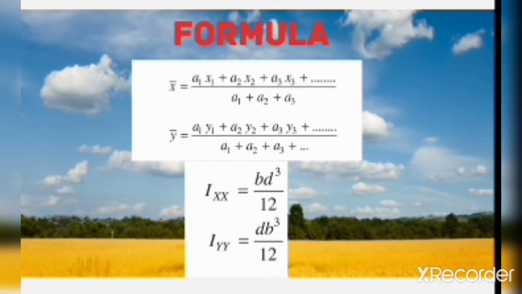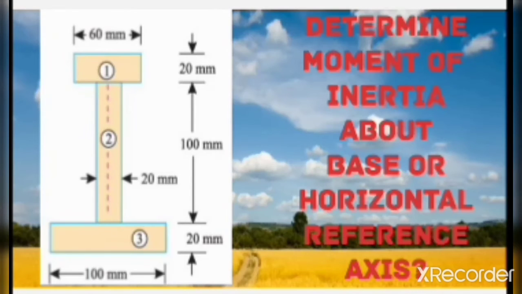Similarly, to find the moment of inertia about the vertical reference axis I_YY, we use d b cube by 12. These two formulas are given in the picture. Let us see how to find x1, x2, x3, y1, y2, y3, area 1, area 2, area 3, x bar, y bar and I_XX, I_YY. Let us see one by one.